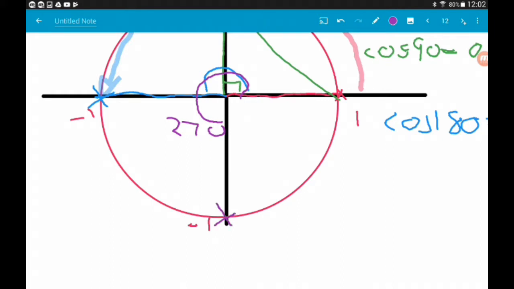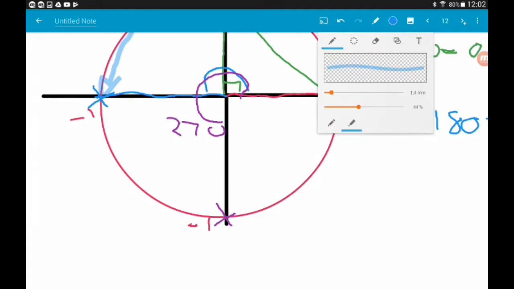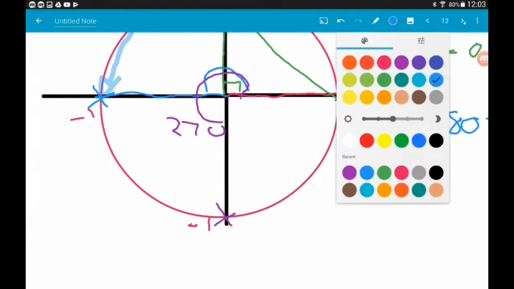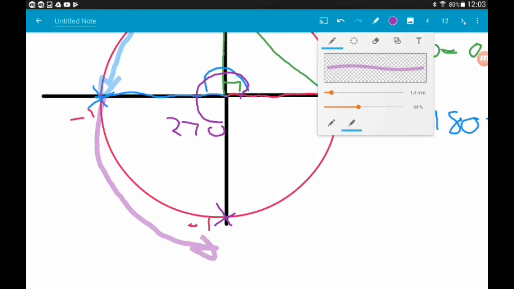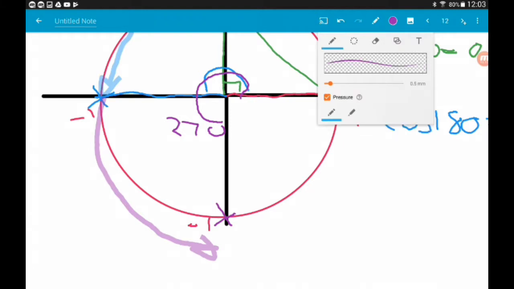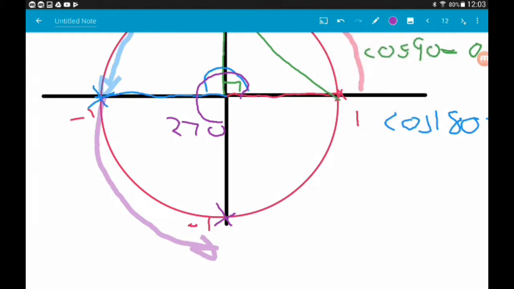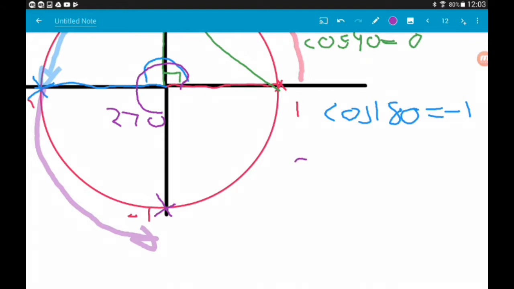So at this point, we are again no distance away horizontally from the origin. Horizontally, we are just directly below the origin. So this tells us cos of 270 is equal to 0.